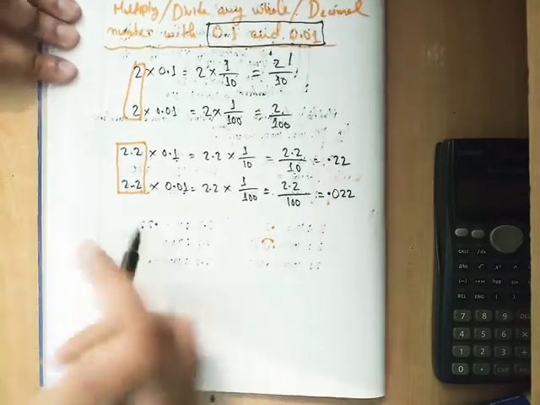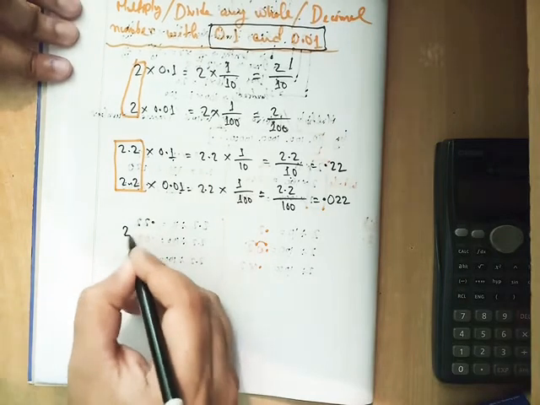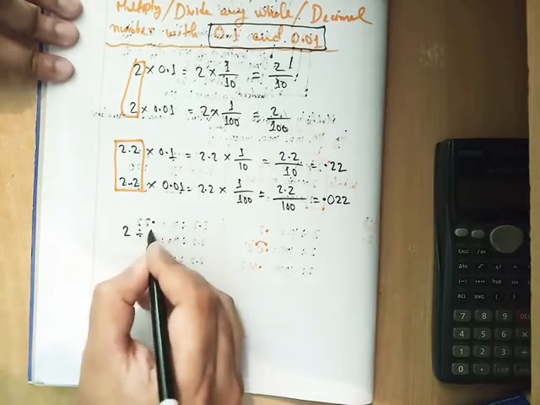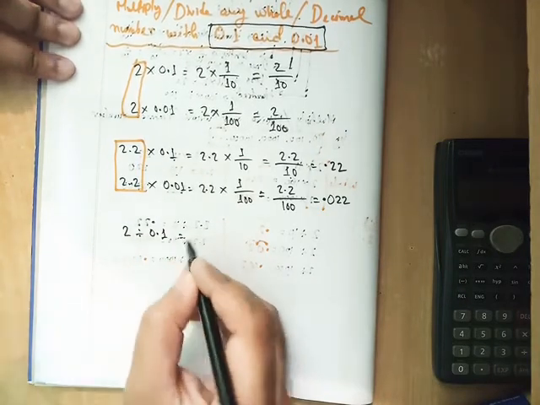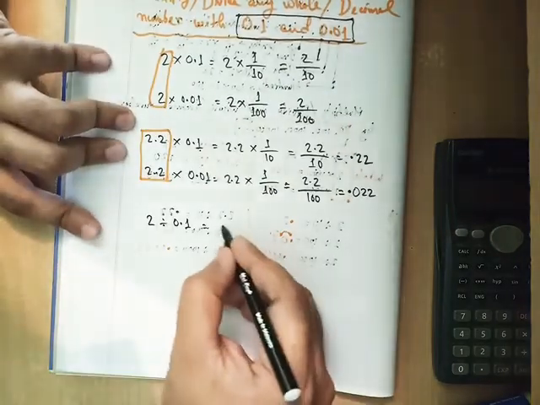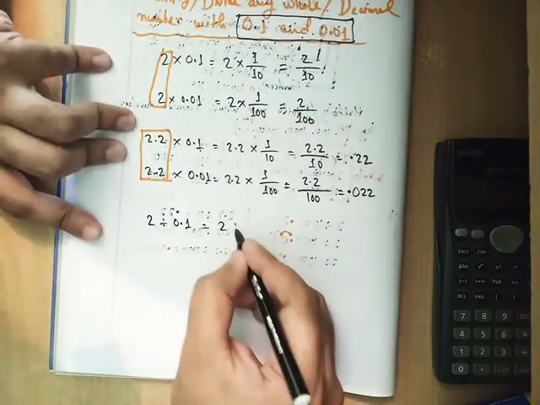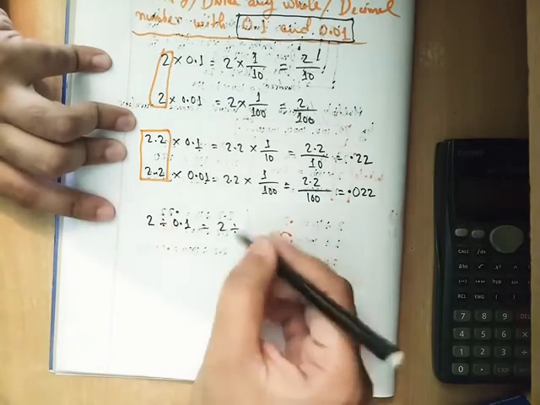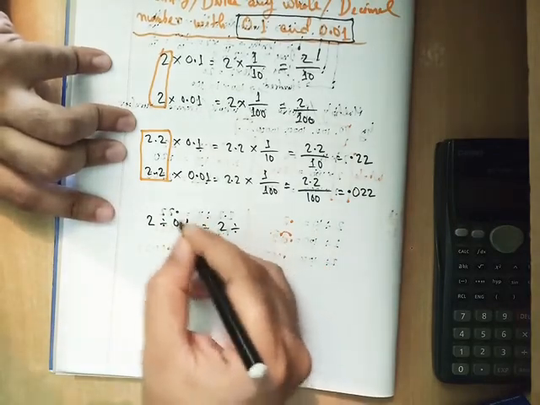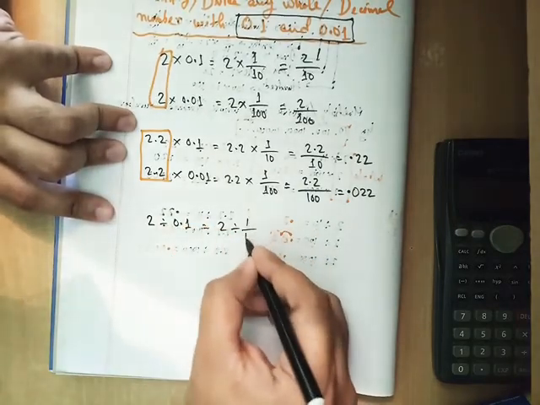Okay, now if we divide a whole number 2 divided by 0.1. First thing is 2 divide, then transform this decimal into a fraction. It goes like this, 1 by 10.